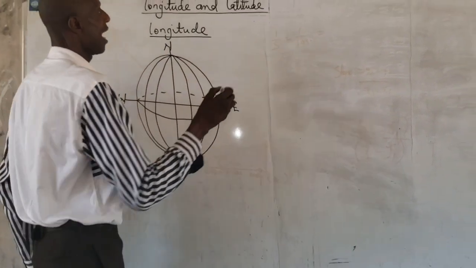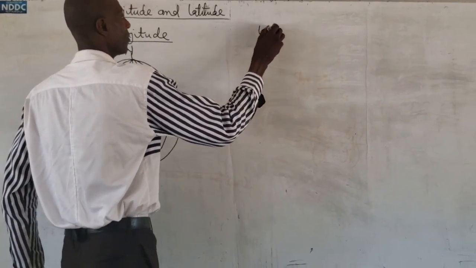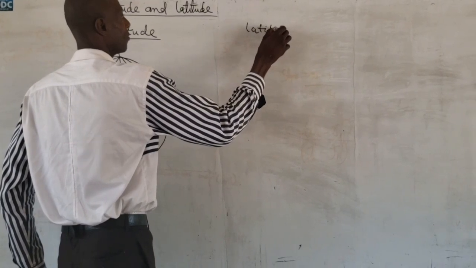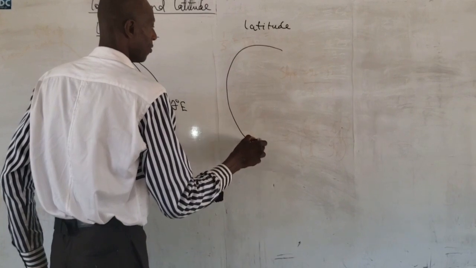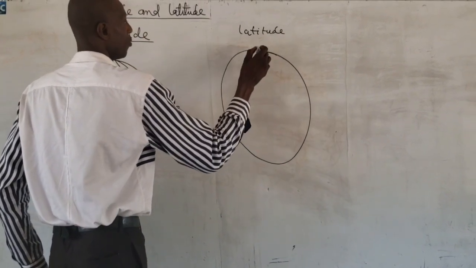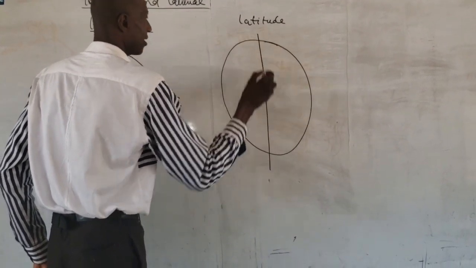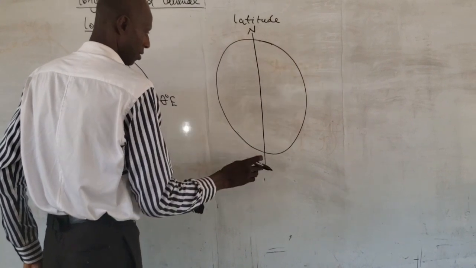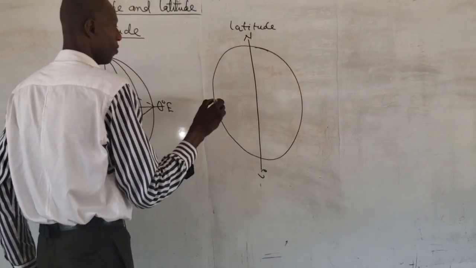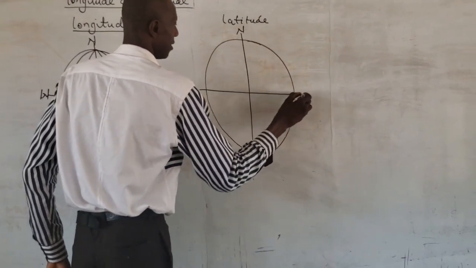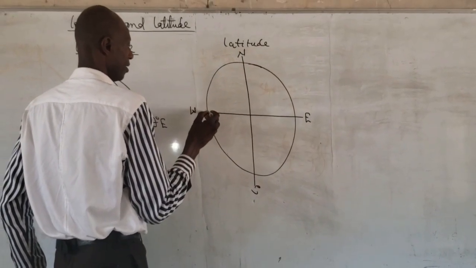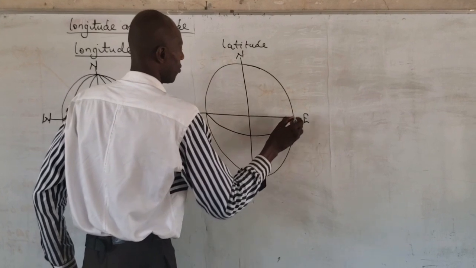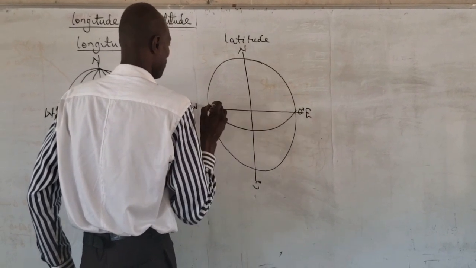While latitude are lines that run from the east to the west. Look, this is the North Pole. This is the South Pole. This is the east, and here is the west. This is the equator and is 0 degrees.